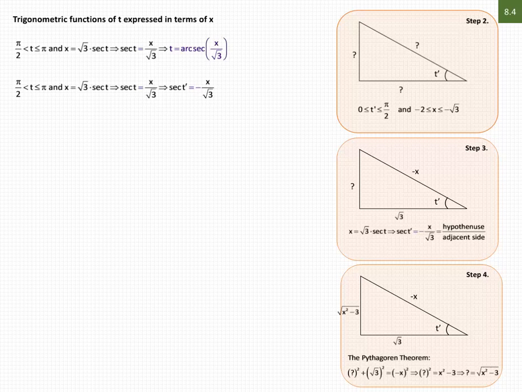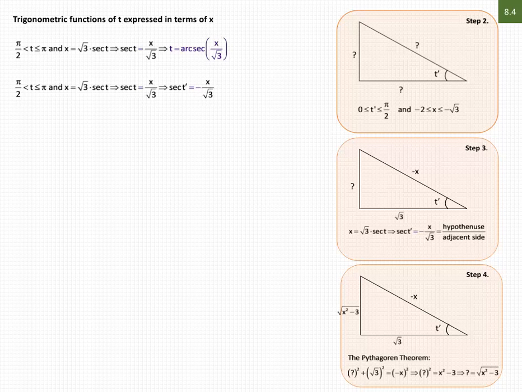To express trigonometric functions of t prime in terms of x, I'll use a right triangle having an angle equal to t prime radians. Because secant of t prime equals minus x over square root of 3, it follows that the hypotenuse of that right triangle equals minus x and the adjacent side equals square root of 3.